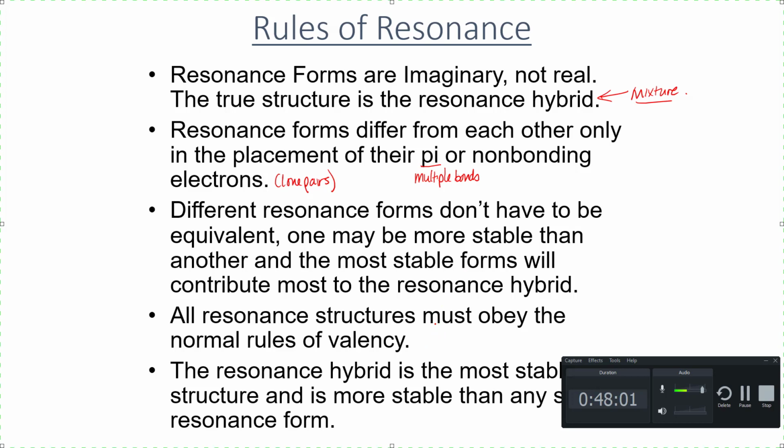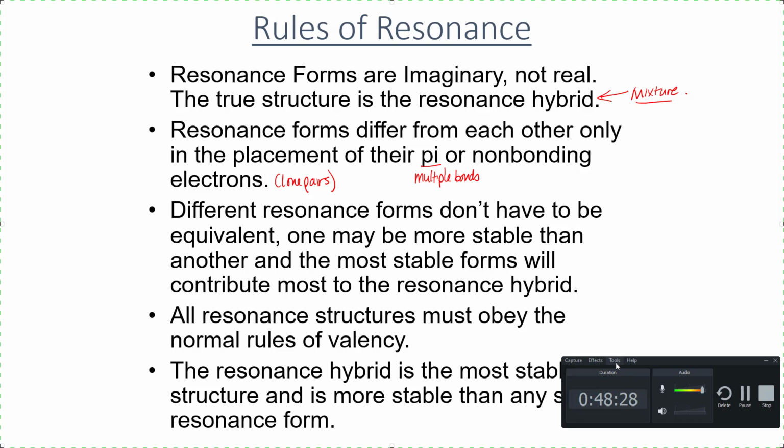So we'll talk about the resonance hybrid, how to draw it, and our next step is actually to evaluate the resonance structures. So my digression is over. All resonance structures have to obey the normal rules of valency. You cannot have an expanded octet in a resonance structure for things that cannot form expanded octets. Carbon, nitrogen, oxygen cannot form expanded octets.